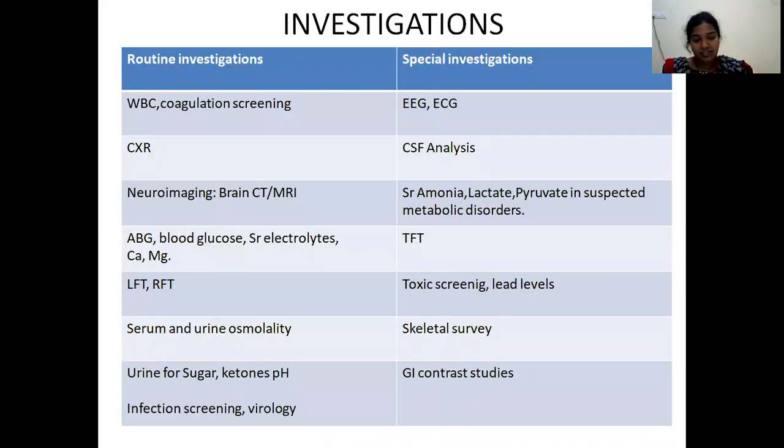So investigations. What are the emergency investigations we should get done as soon as we get the child? First, just after we put a cannula and start fluids, in between these two, we take some important blood samples.